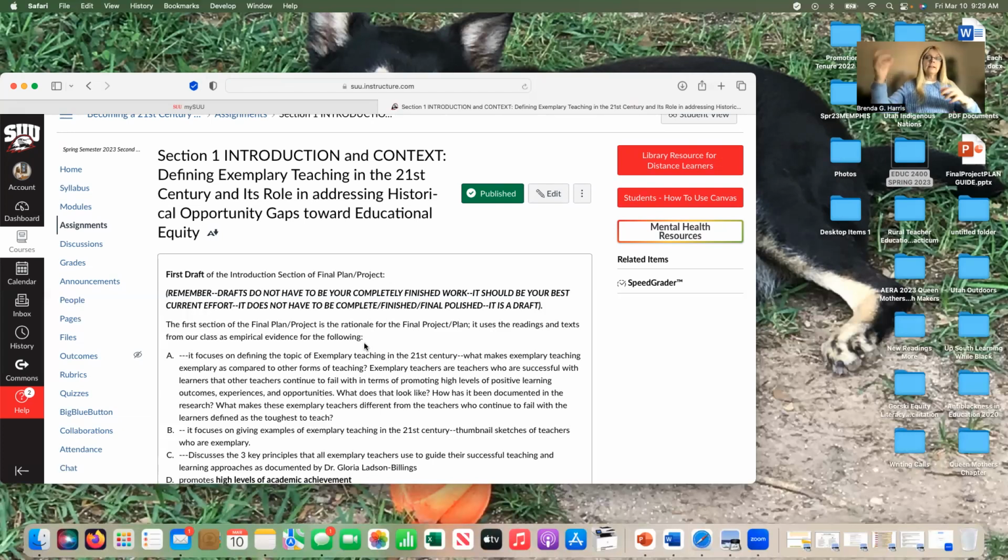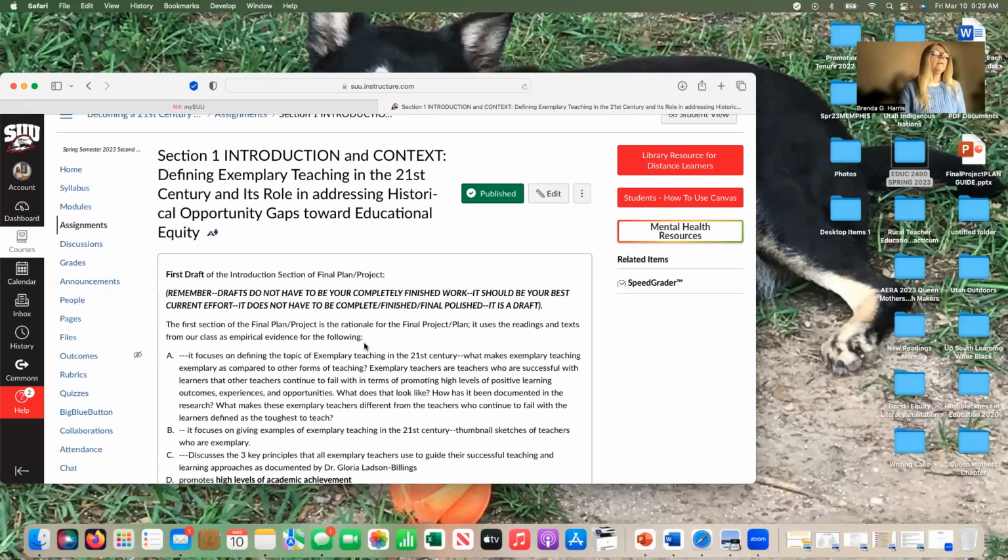Things like page numbers and number of references will come within the bigger picture. If I don't see these references, that's already going to be a big problem in your final project.